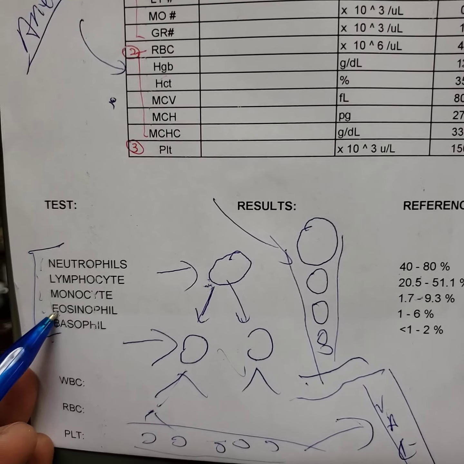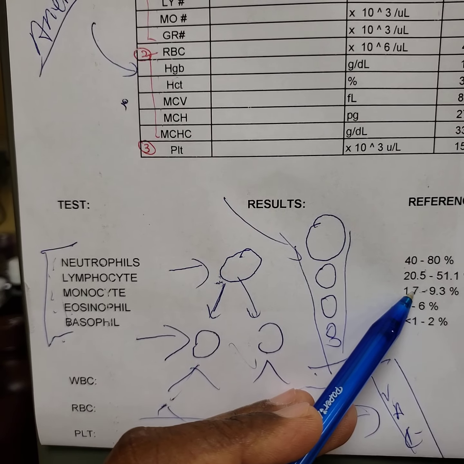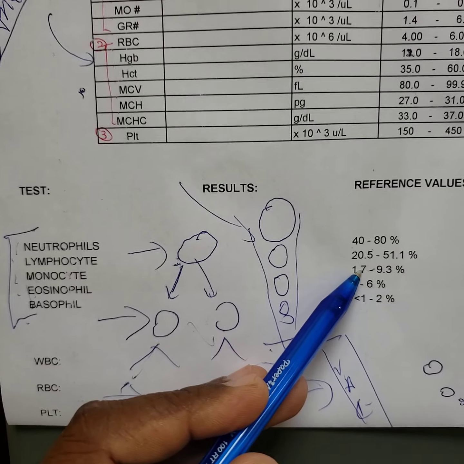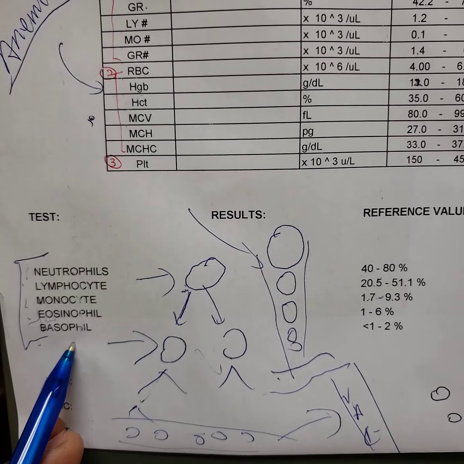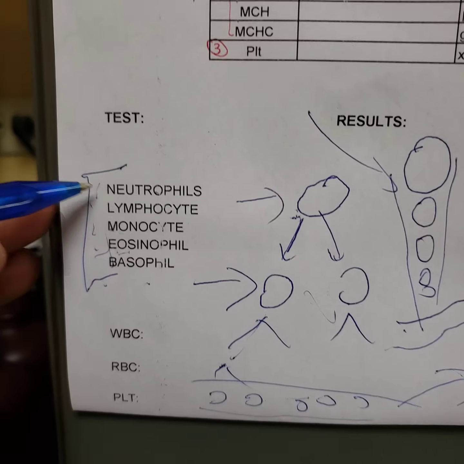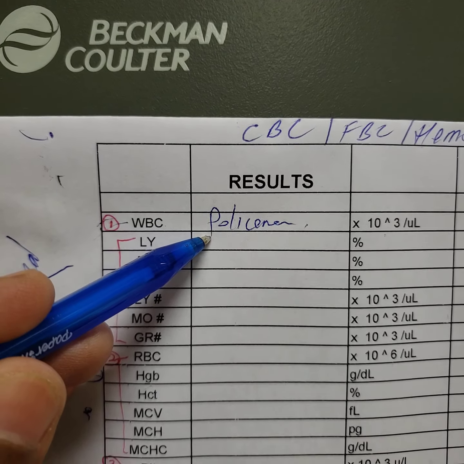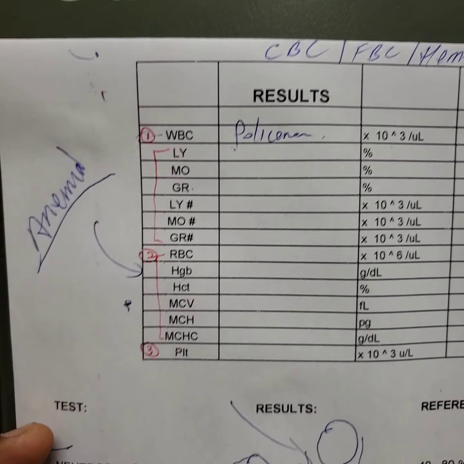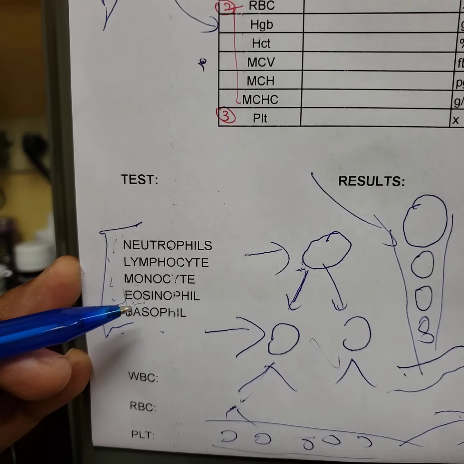And similarly, out of 100 white cells, 1.7 to 9% are supposed to be monocytes, then eosinophils and basophils. In a nutshell, these 5 different white cells are all policemen. They play a role in helping defend and protect the body from foreign invaders.